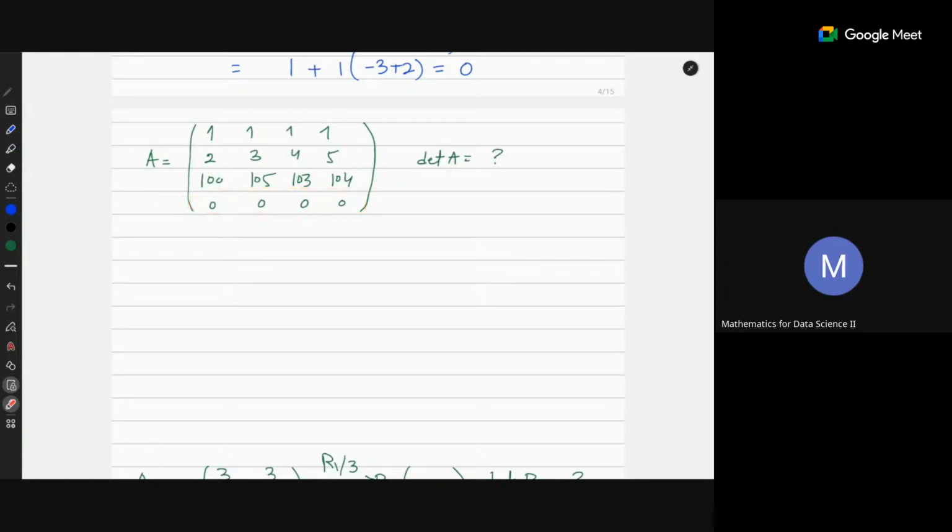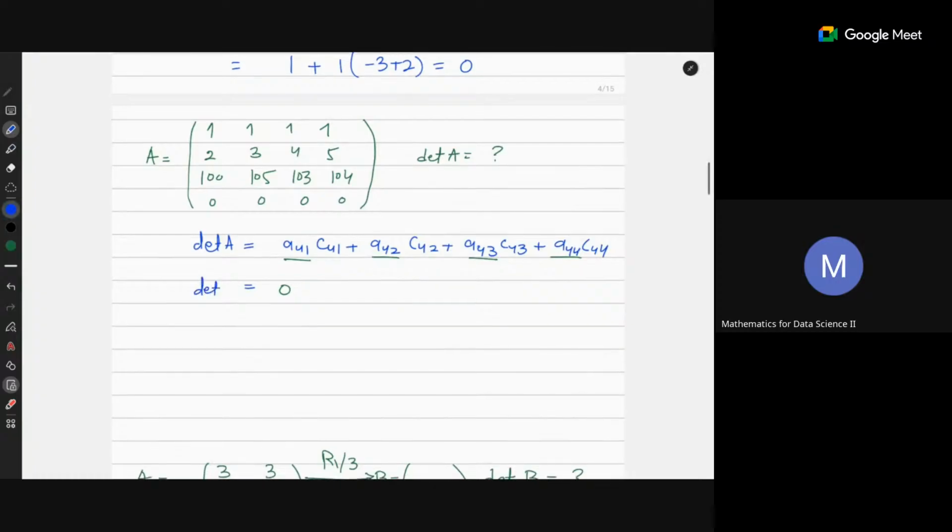Now, because all coefficients of cofactors are 0 in that case, let me write it down. So I'm expanding along row 4, so the determinant is A41 C41 + A42 C42 + A43 C43 + A44 C44. Now all these entries are 0. So we will get 0 times C41 and so on, so we will get 0. Okay. So determinant of A is 0.